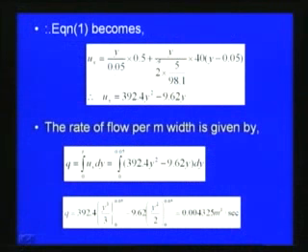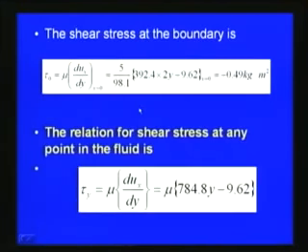We substitute back all the values: 5 by 98.1 into 392.4 into 2 y minus 9.62. Here ux is already known, so we just take the derivative del ux by del y. At y equal to 0, the boundary shear stress is equal to minus 0.49 kilogram per meter square.